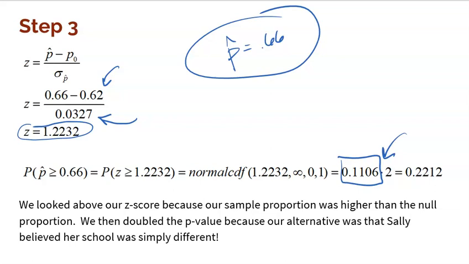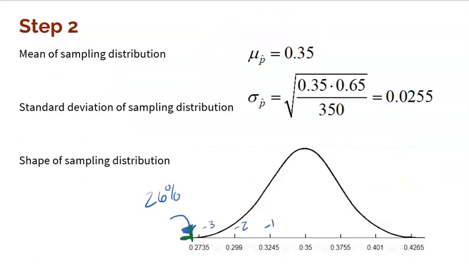Now, let me briefly talk about why we did not do that with David's example. Think about this for a second. David was only wondering if his town was less depressed. Let's just play a game real quick. Let's just say that David's sample came back at 40%.